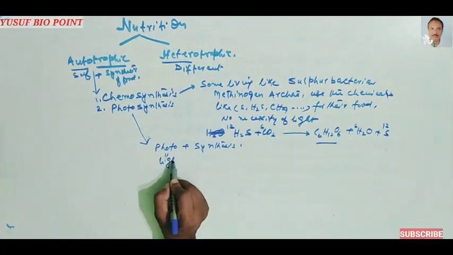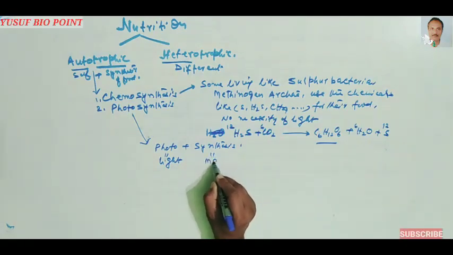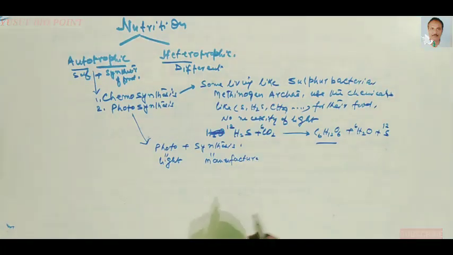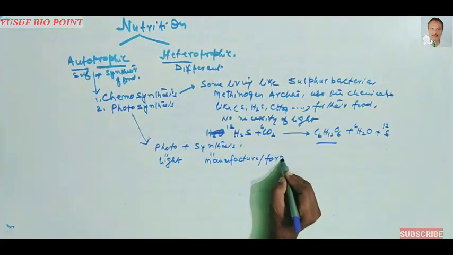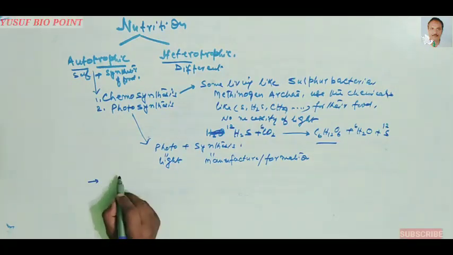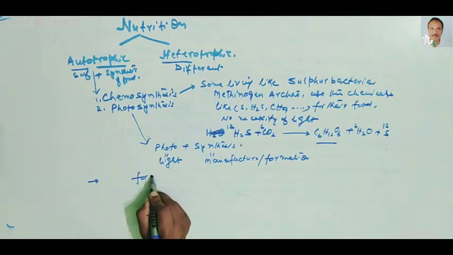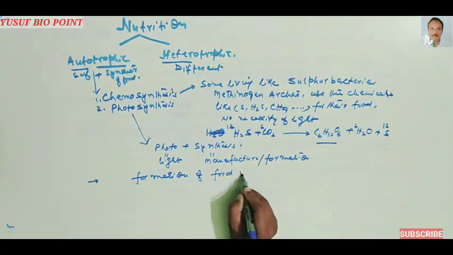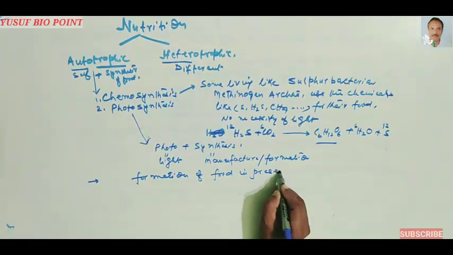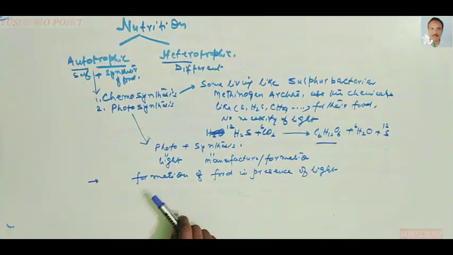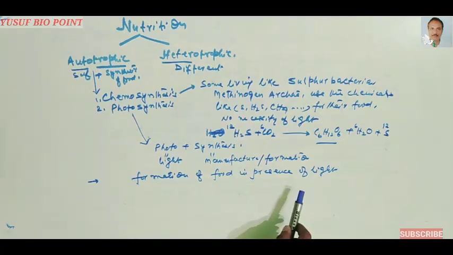Photo means light, synthesis means manufacture or formation. In other words, photosynthesis means formation of food in the presence of light. Manufacturing of food in the presence of light.